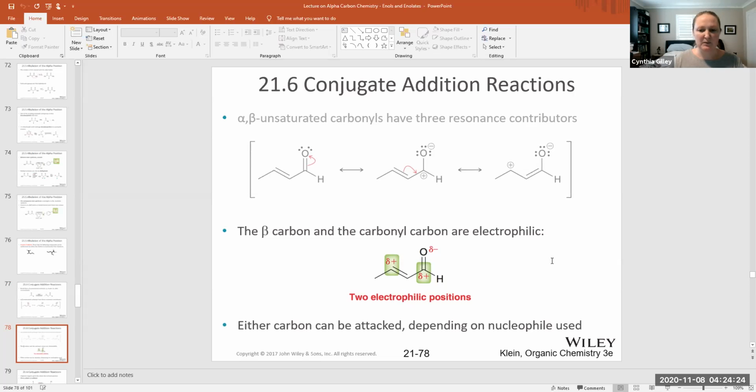Both of those have a partial positive charge, and either position could potentially be attacked to, for example, form a new bond, perhaps a new carbon-carbon bond. Depending on the nucleophile used, it's possible to prefer attack on the ipso carbon or the beta carbon.